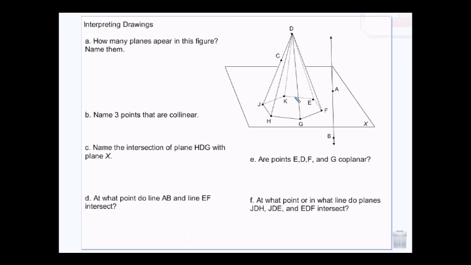Does this pyramid have, and that's going to tell us how many planes are just in the pyramid. So we've got 6 sides, right? 1, 2, 3, 4, 5, 6. So that's 6 planes. And then we have this plane here, so that's 7. Now, this one we can name X, because the X is in the corner.